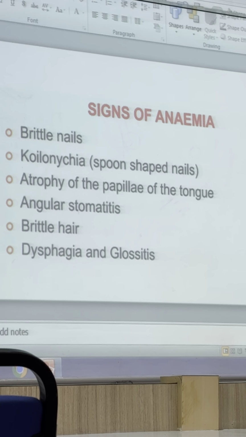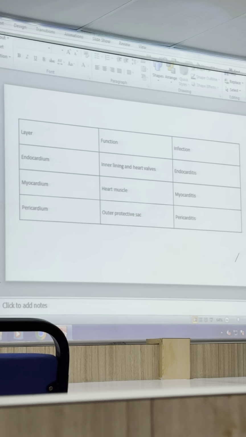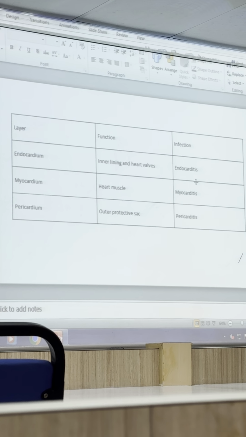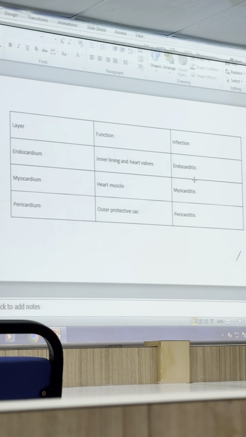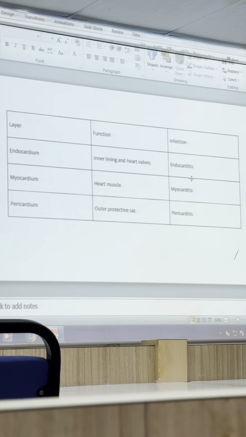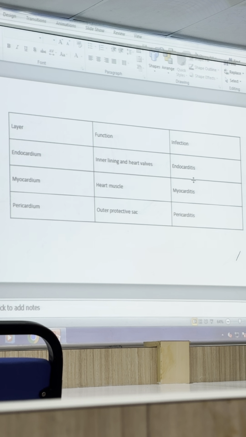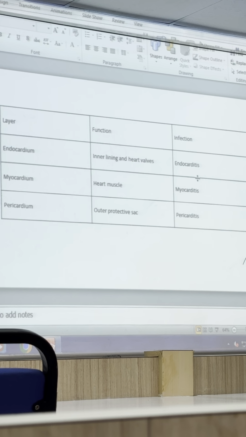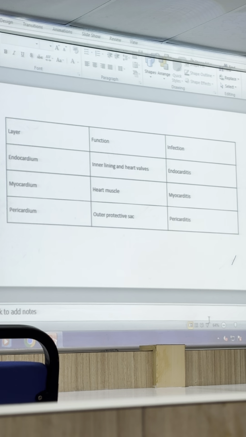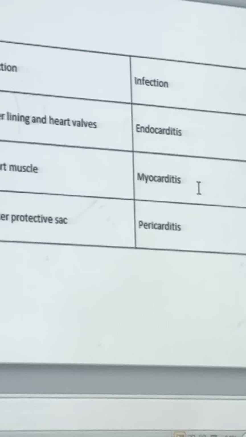Then let's go on to the heart diseases. You should know which layer is affected in each of the diseases. If you are asked about myocarditis, it is the inflammation of which layer of the heart?